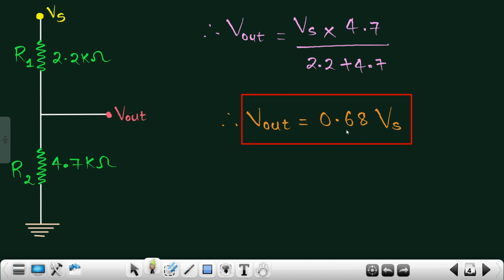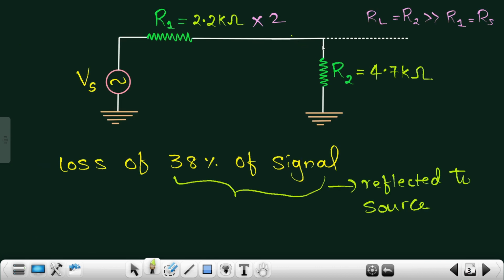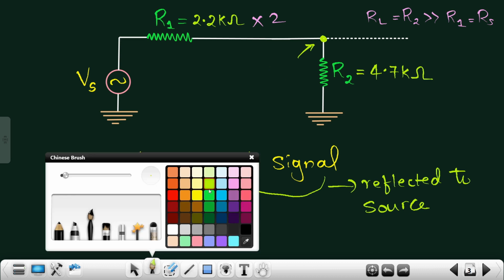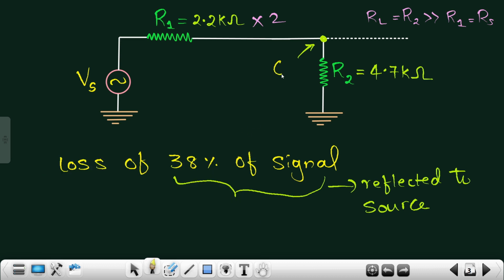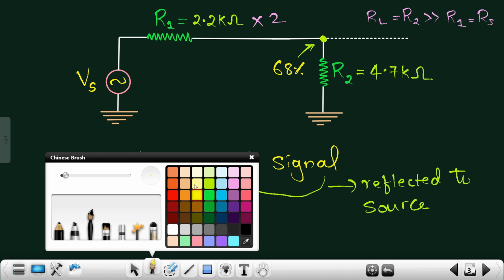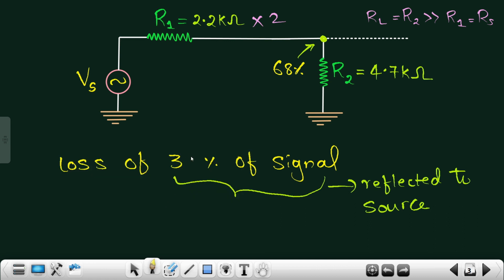With this value, what we can conclude is that whatever voltage we are getting at this particular point is roughly around 68% of the original signal. That means 32% of the signal is being reflected back to the source, or rather there is a loss of 32% of the signal, right? I hope you are able to understand this part.